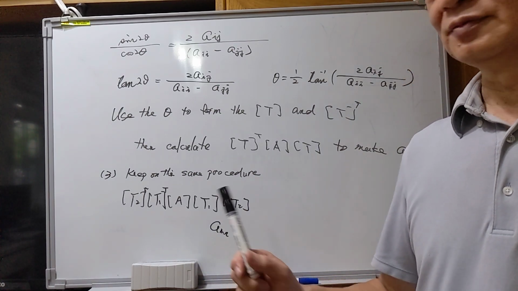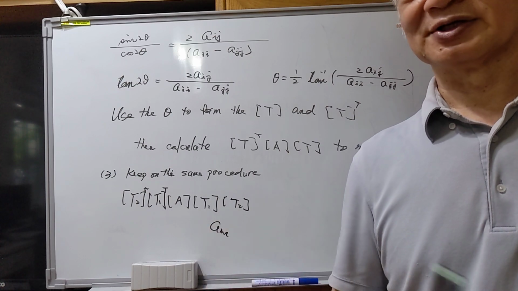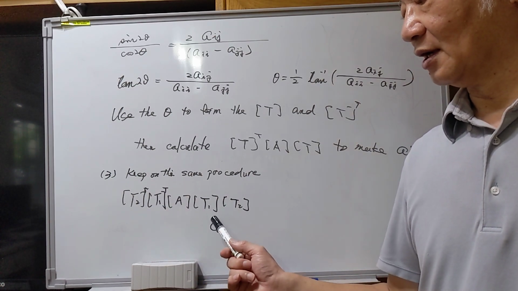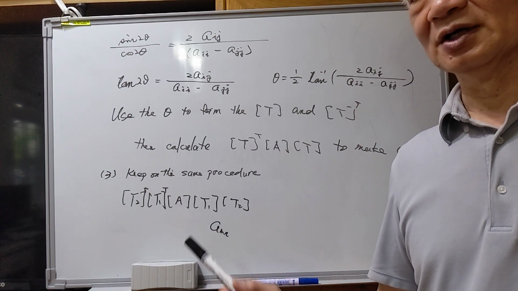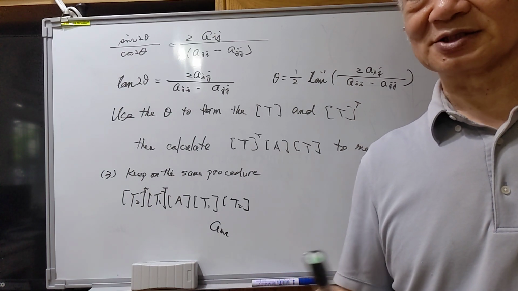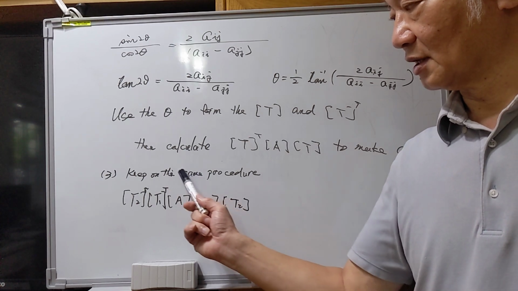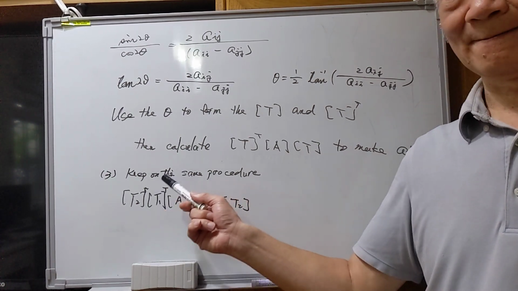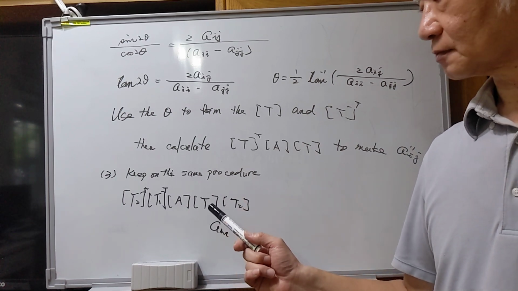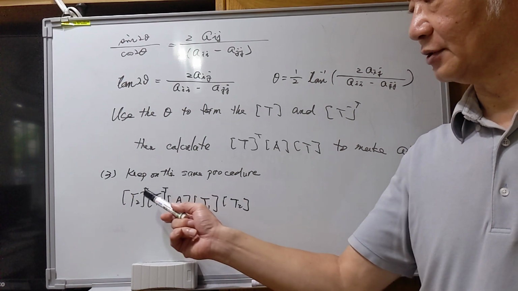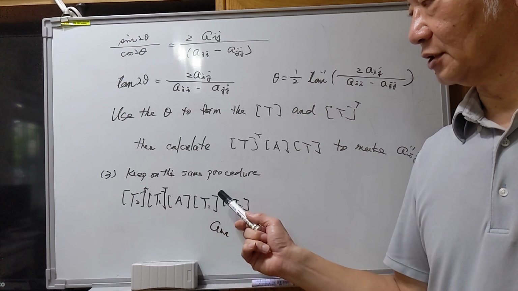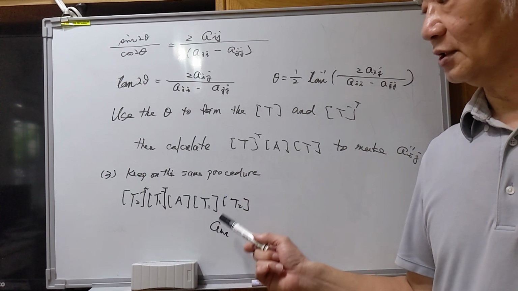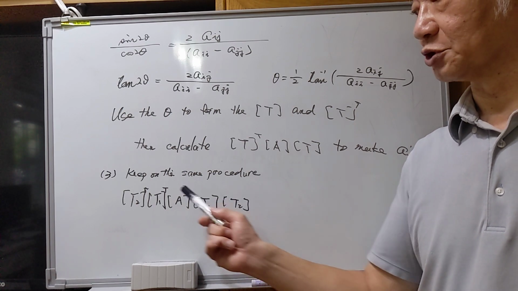So A_mn must be some other element, and A_mn represents the maximum absolute after the first step. So we can use the searched A_mn to calculate the T2 matrix.